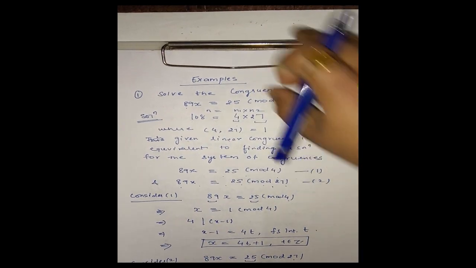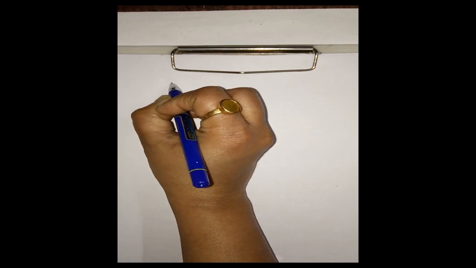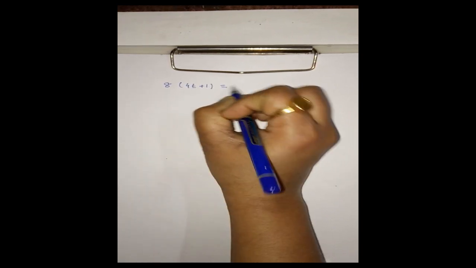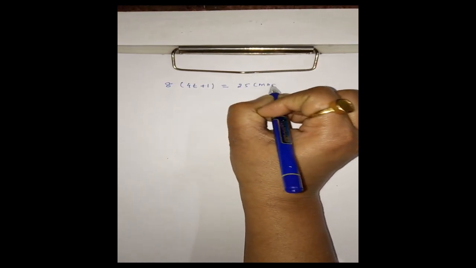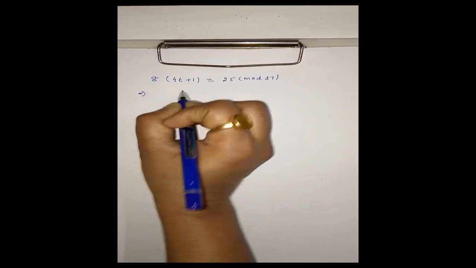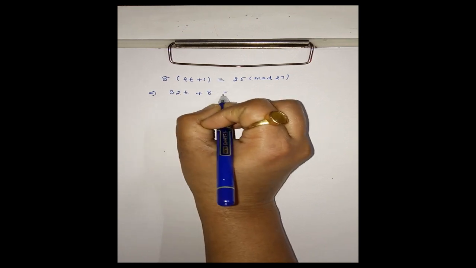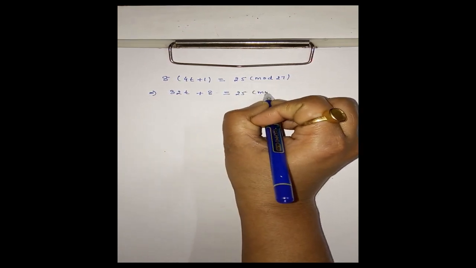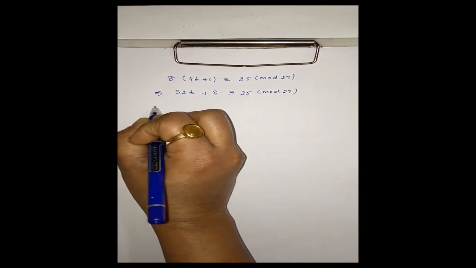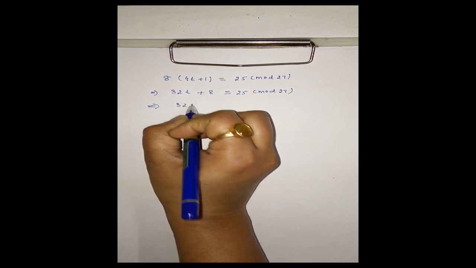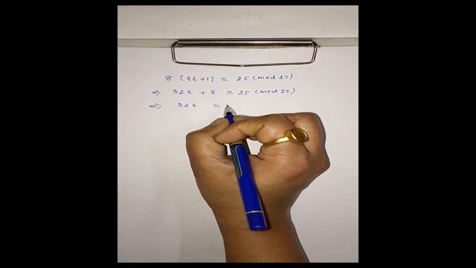Simplifying this, we have 8 into (4t plus 1) is congruent to 25 modulo 27. Now this is 32t plus 8 is congruent to 25 modulo 27. Now using properties of linear congruences, we have 32t is congruent to 25 minus 8.